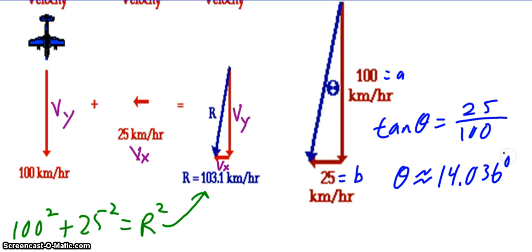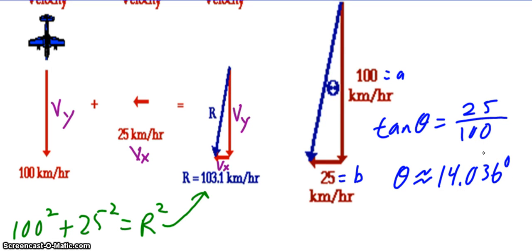14.036 degrees. Now this problem didn't ask for any sort of application. Right now we're just going through the basic calculations to make sure we understand them, which we should because this is not new. This is just trig review at this point. But we could answer this question in terms of bearings. So you could say south 14.036 degrees west, something like that.